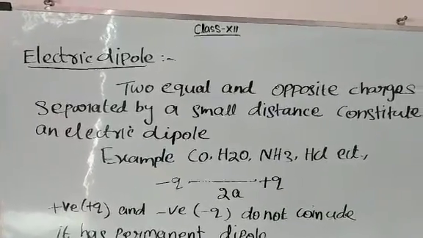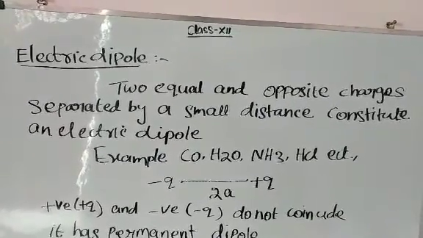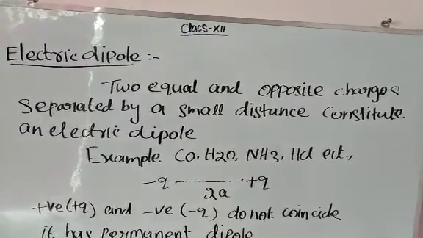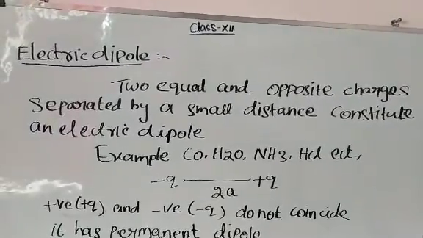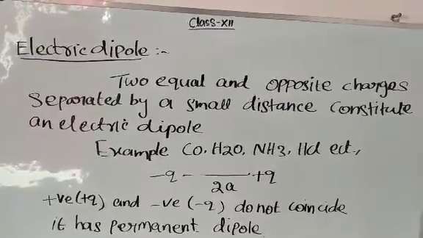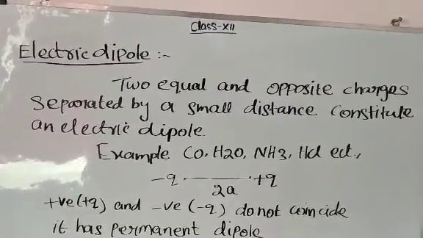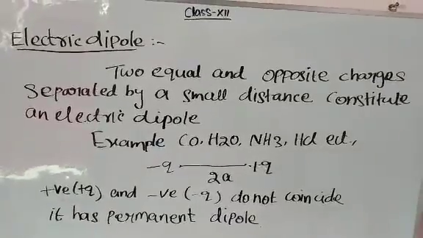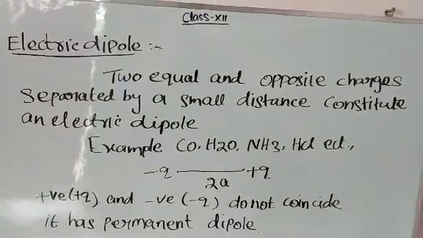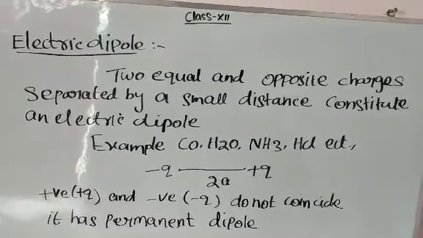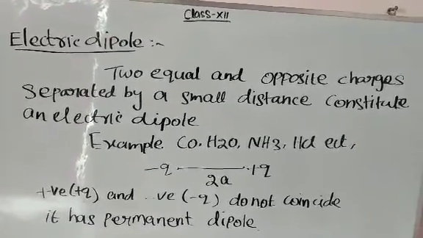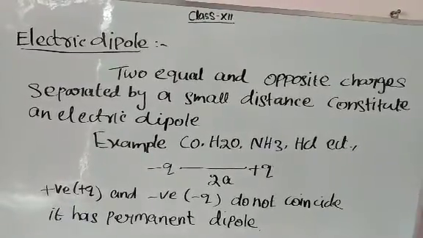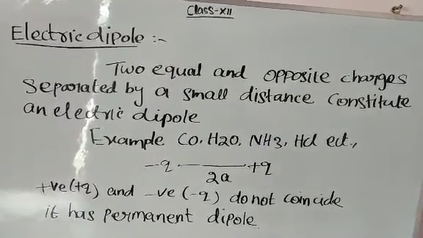In these molecules, the two equal and opposite charges, the protons and electrons, are separated by a small distance and do not coincide. Such a molecule is said to be a dipole molecule. Dipole means two poles, two charges, positive and negative, which never coincide. Separated by a small distance, it is called an electric dipole.